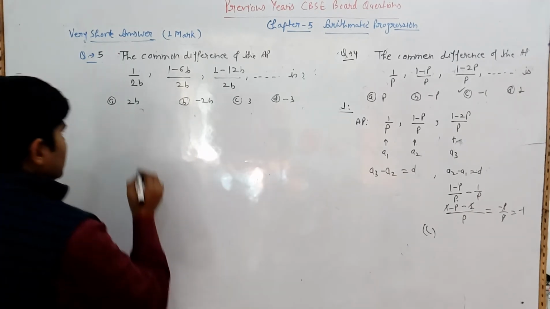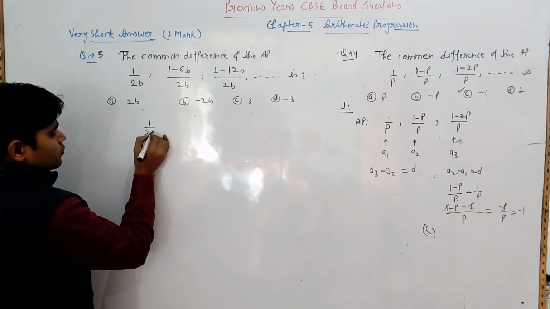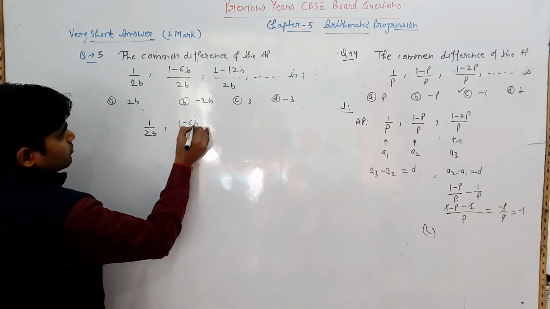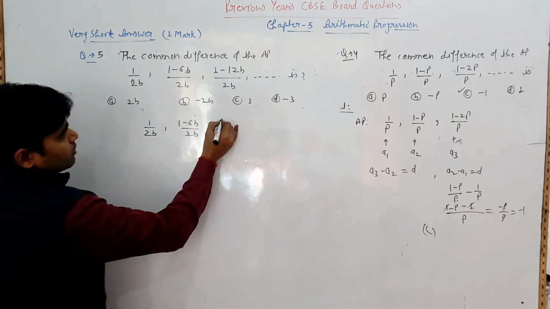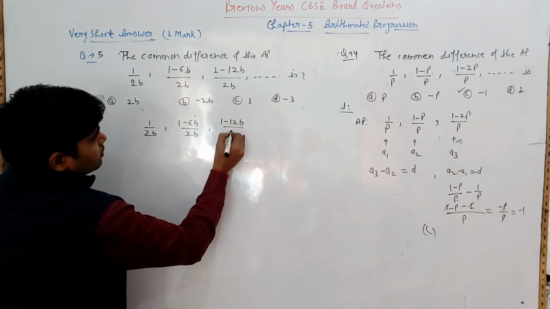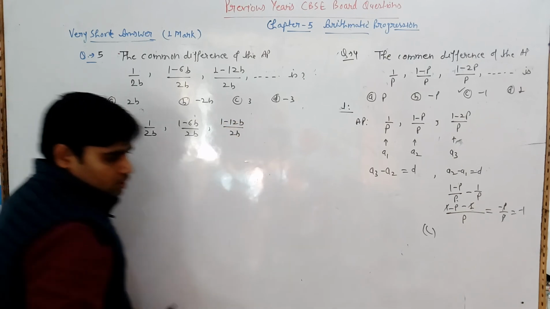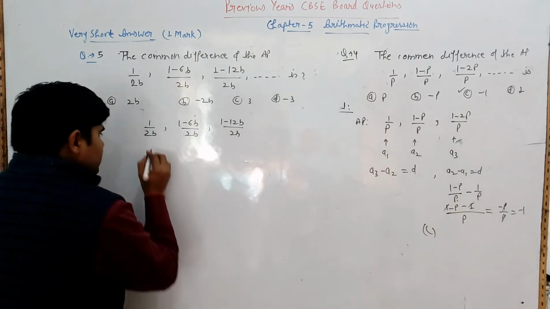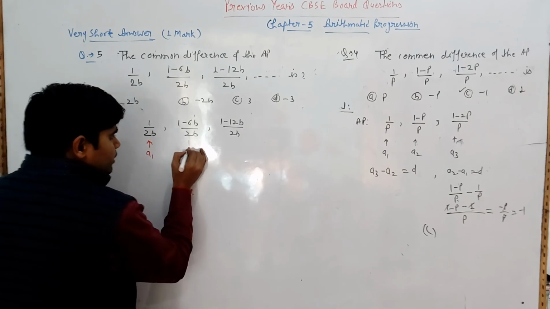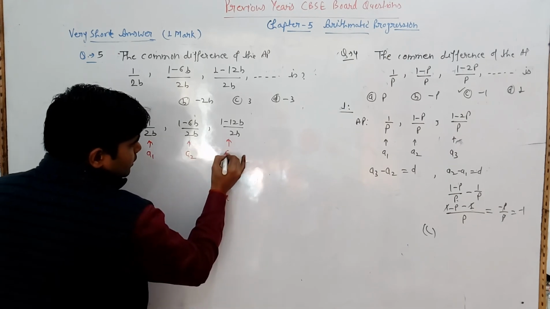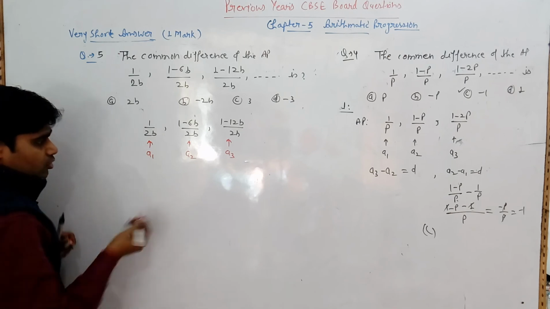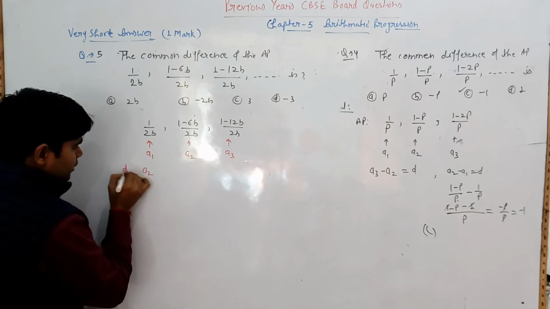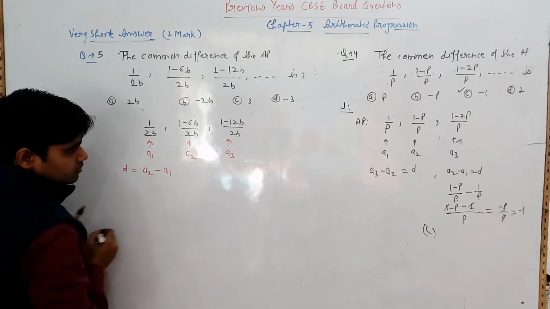See, the AP is 1 upon 2B, 1 minus 6B upon 2B, 1 minus 12B upon 2B. So these are the first term A1, A2 and A3. Common difference D is equal to A2 minus A1.